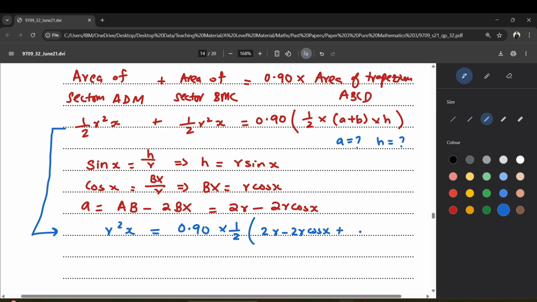b was 2r because b was ab, right? Then multiply by h. h was r sine x. Okay, all right.